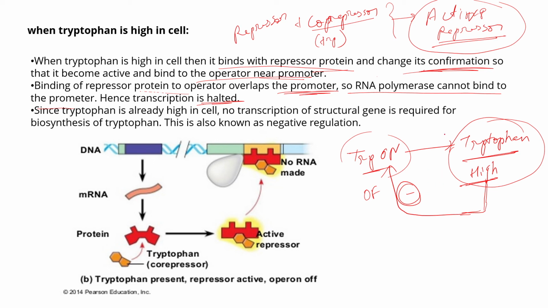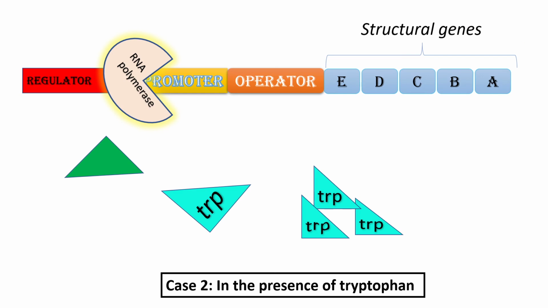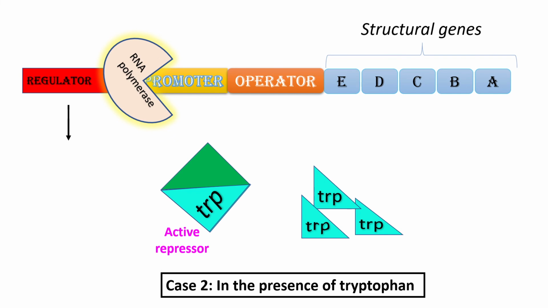Let's understand with the help of this animation. This is the regulator protein. As we know, the regulator protein synthesizes the repressor molecule. Now, this repressor molecule, in the presence of tryptophan, will bind with the tryptophan molecule. That will result in the formation of an active repressor.